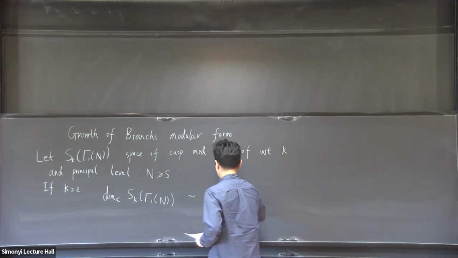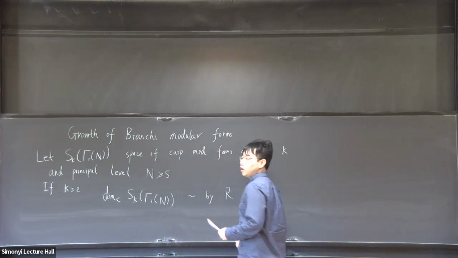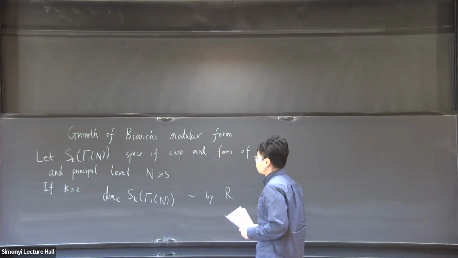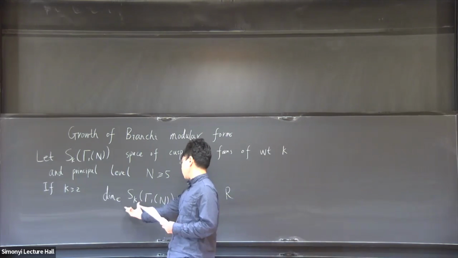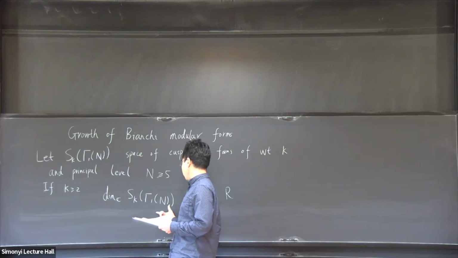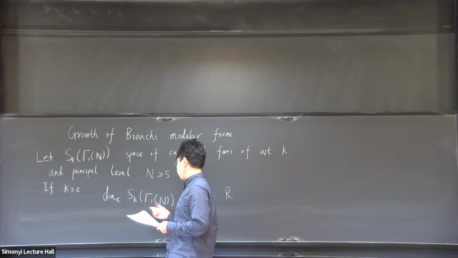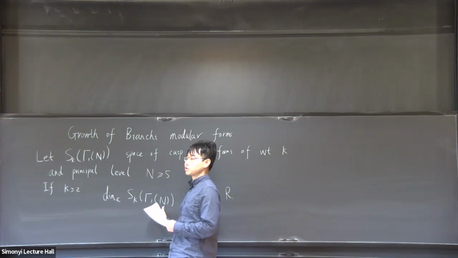The reason you chose Γ_1 rather than anything else? Well, if you choose some other level, this dimension may not be strictly a linear function of k.